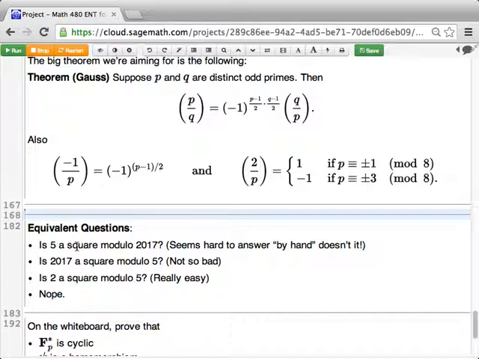At first that seems hard to answer, and you wouldn't want to have to look for a pattern for what happens mod 5. But what this says, setting P to 5 and Q to 2017, is that the question is exactly the same. So that's +1 precisely if this other side is +1.